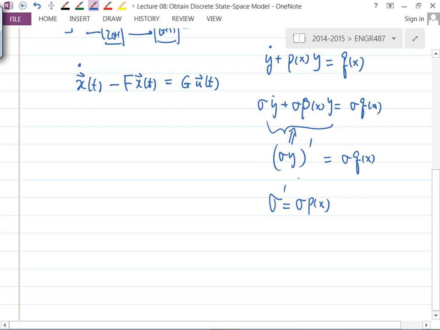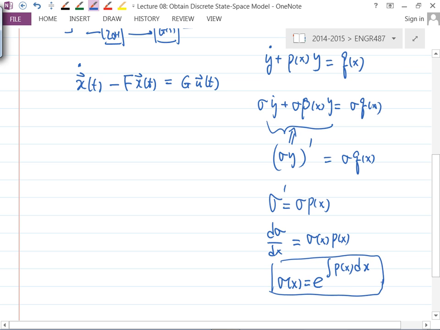Sigma prime is d sigma over dx equal to sigma times p of x. Separating variables, move the dx to this side and the sigma to this side, then integrate both sides and solve for sigma. Anyhow, your sigma can be solved, and this is the integrating factor for a first order differential equation.